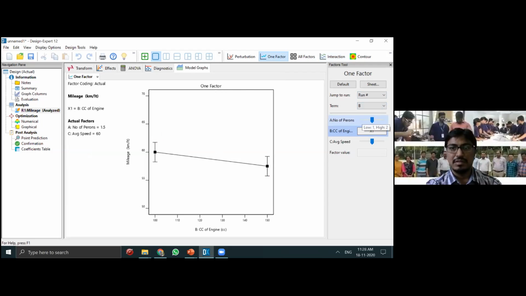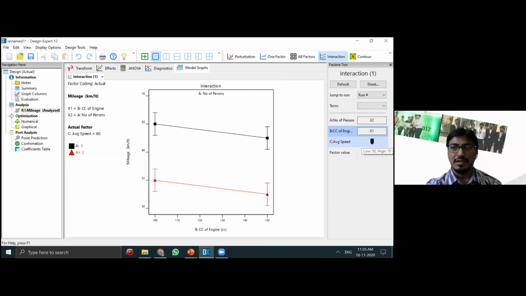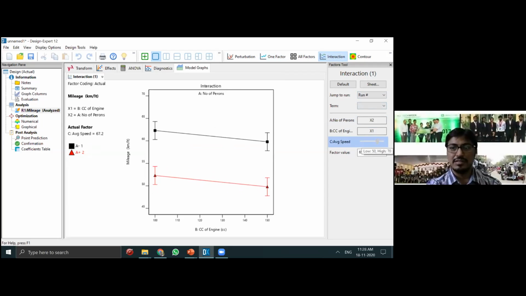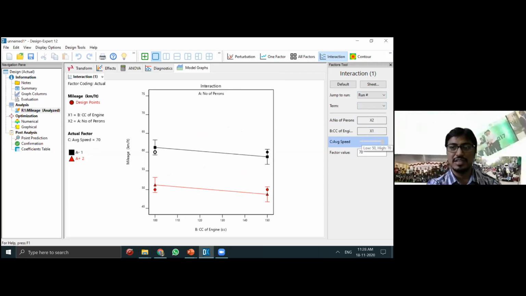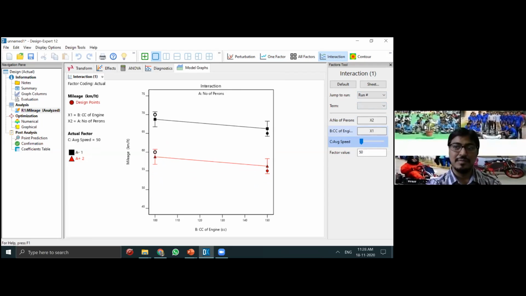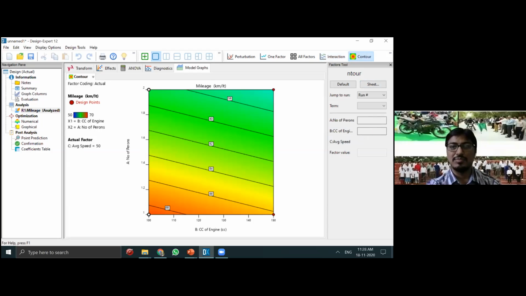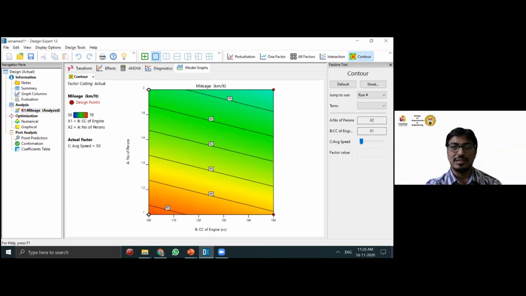B. Okay, this is individually, but still I'll go for interactions here. Okay. And average speed is kept at low. I can just change it. You can also find with the change in average speed, is there any interaction? No, we can't find any interaction. So that is fine. If you want to plot some contour graphs also, with this you can plot it.